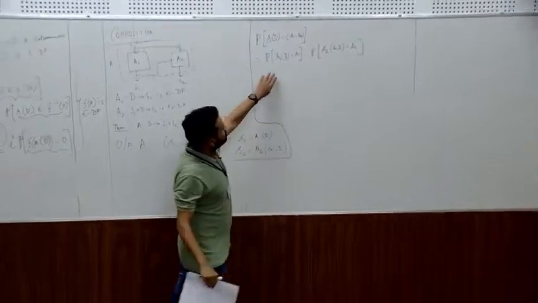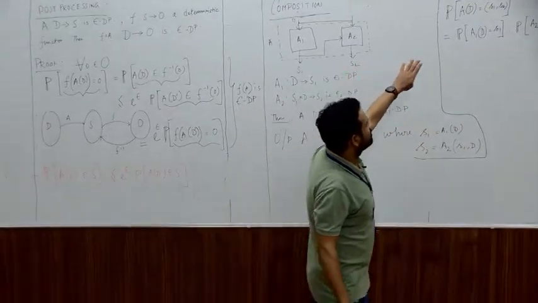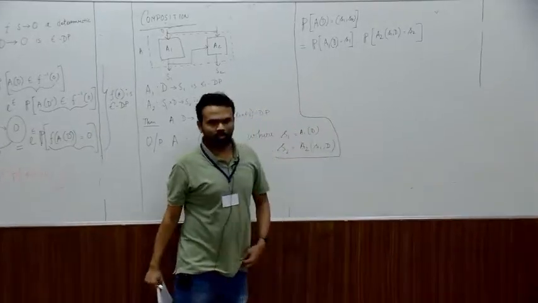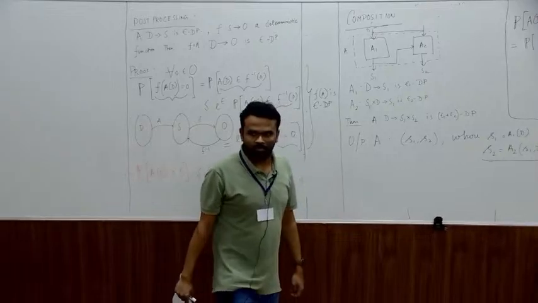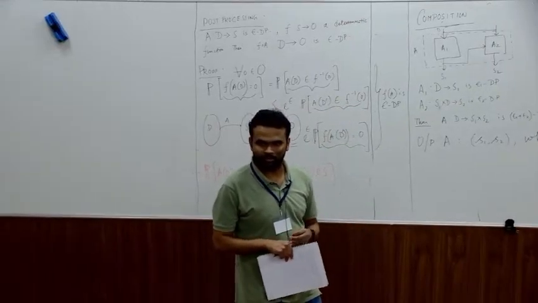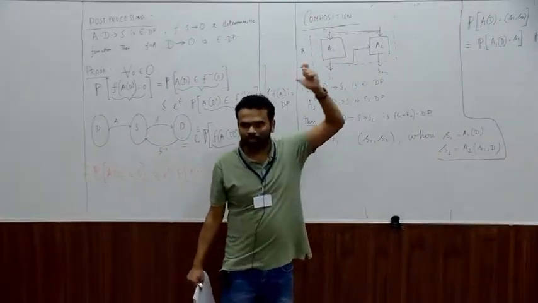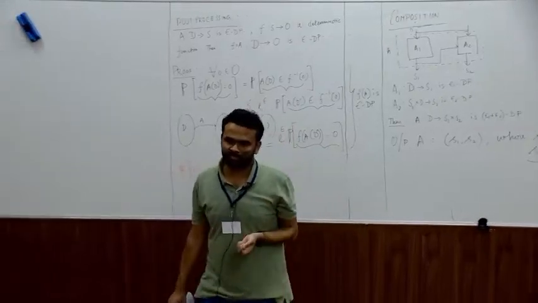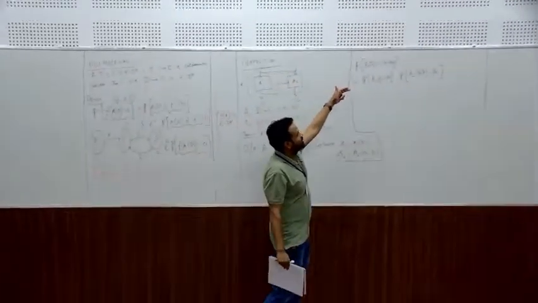Can you tell me how we can write this? Can we just decompose A to A1 and A2? Have you heard about independence of random variables? A1 and A2 both are randomized algorithms, but they have their own random coins, which are independent of each other. So independence of random variables gives you this.